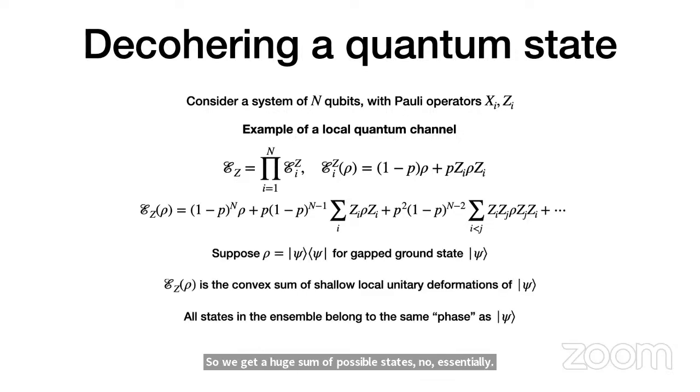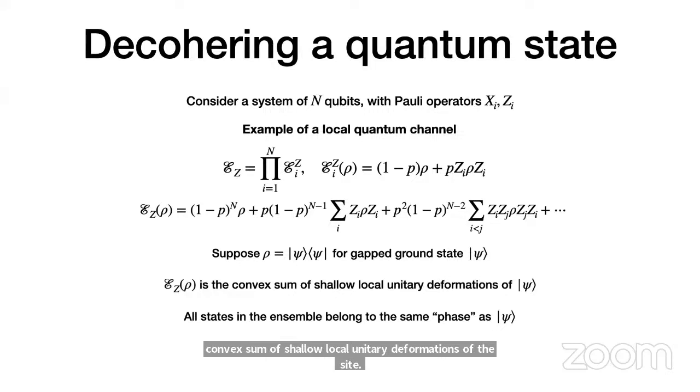Now, suppose this rho represents a gapped ground state of some Hamiltonian. Then these Z's will create some excitations on the state, and if you apply two Z's, it will create multiple excitations, etc. So this channel epsilon of rho is just a convex sum, each of them a density matrix, of shallow local unitary deformations of the state, to just create some excitations here and there, but locally.